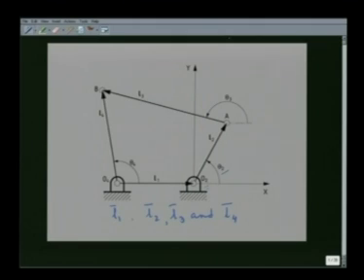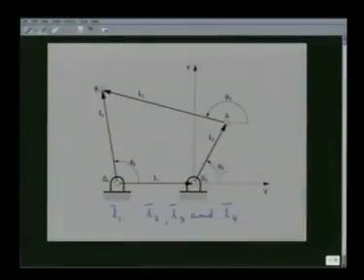These vectors are shown by these arrows in this diagram. Now, the angles that these vectors make with the x-axis are used as the reference angles to determine the orientation of these vectors, that is theta 2, theta 3 and theta 4. Theta 1, that is the angle made by O4O2, the vector L1, with the x-axis, is obviously 0.